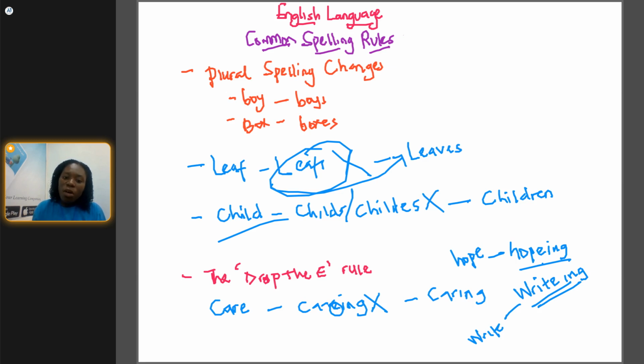When you see root words that end with E, hope ends with E, write ends with E, care ends with E, love ends with E, advise ends with E, dance ends with E, these words and some others that end with E need to drop the E if they have to be in a continuous tense.